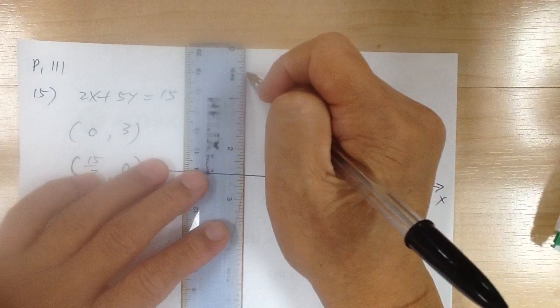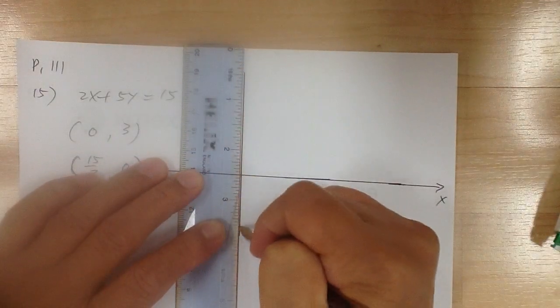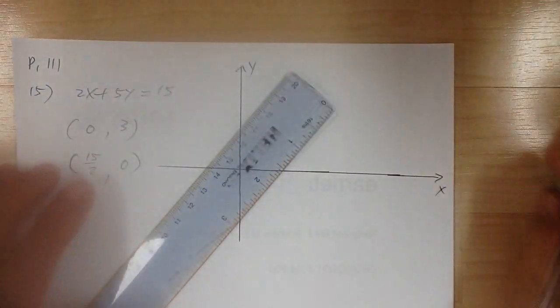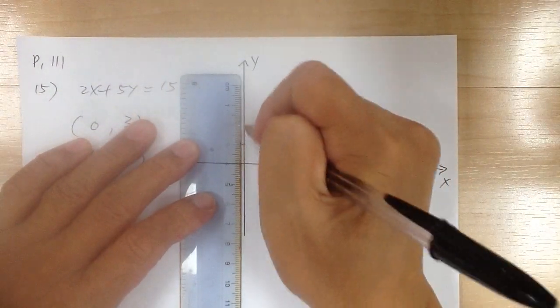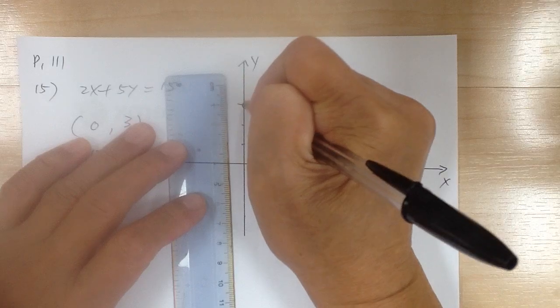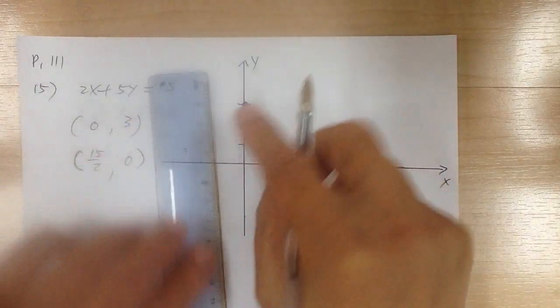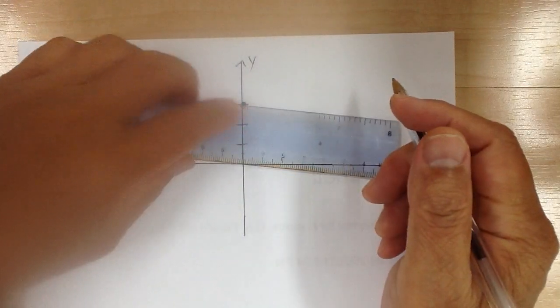I'm going to make it all the way over here. There we go. So the first point is (0, 3). It's going to be right over here. That's your (0, 3). Next one is 7.5.